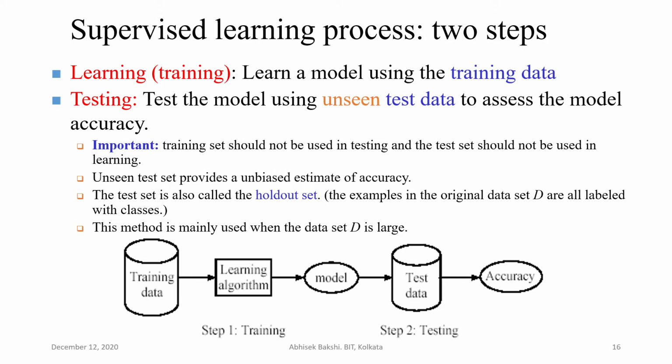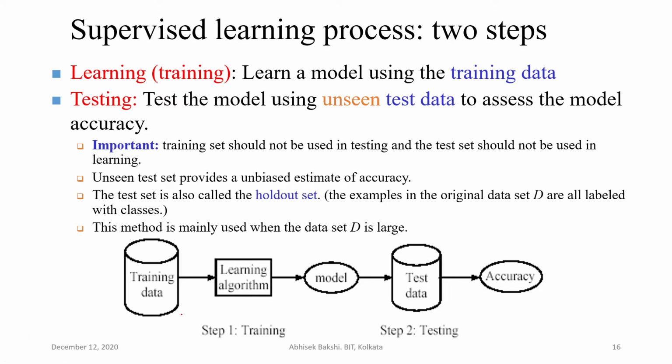So the learning algorithm shown over here is actually some program that uses the training data, each and every pattern of the training data, and also obviously the features of the pattern, and then somehow it creates a model. Now what does the model mean?